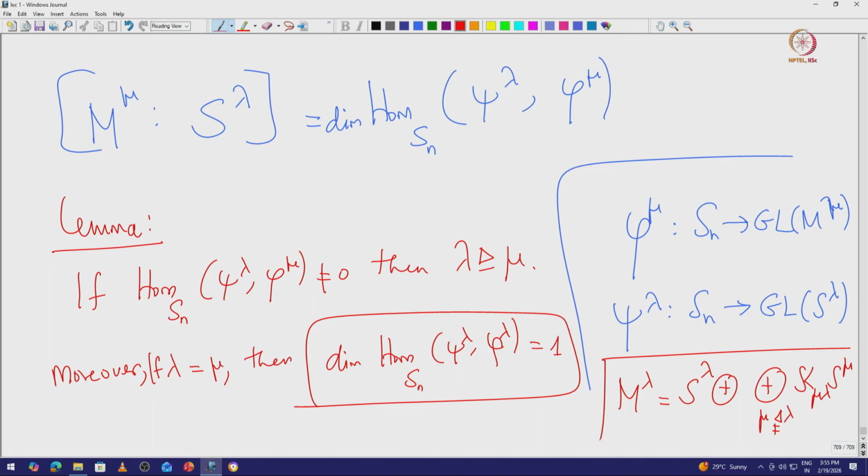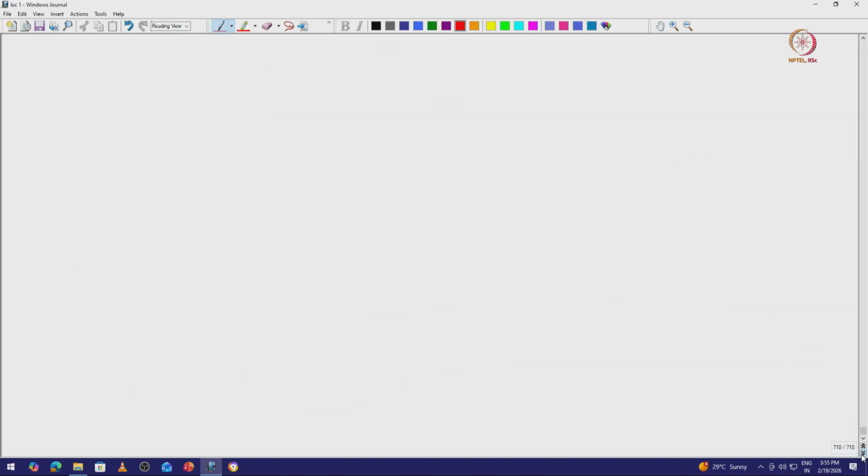In this decomposition, S lambda always appears inside M lambda with multiplicity 1. That is what this lemma says. Let us prove this. We just take a non-zero morphism from S lambda to M mu, because this Hom space is non-zero.